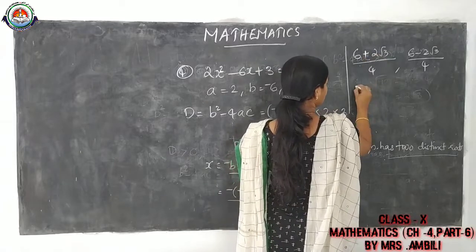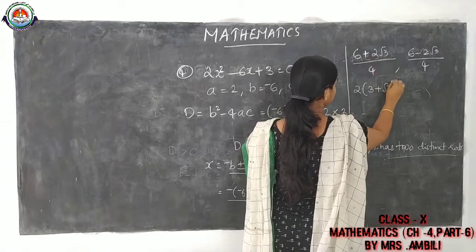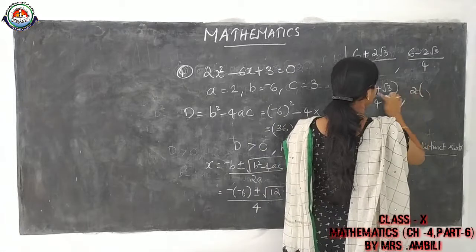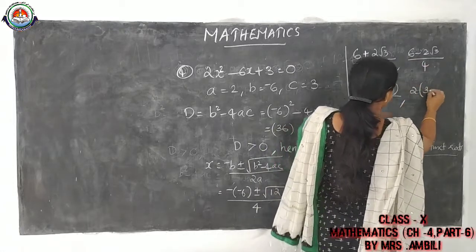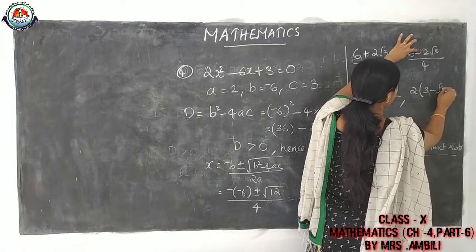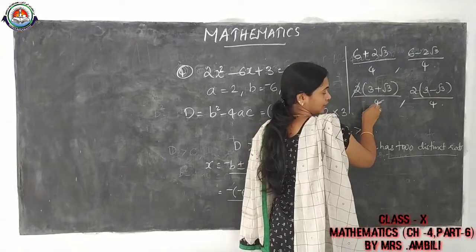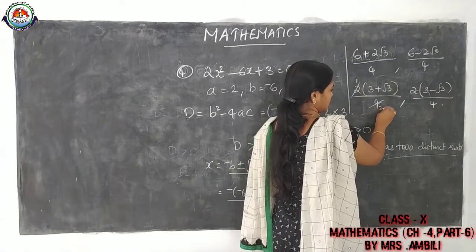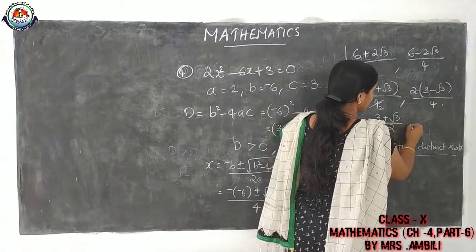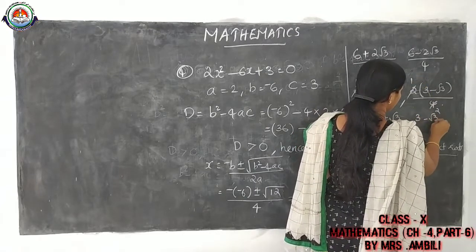If we take 2 outside, what will remain? 3 plus root 3, divided by 4. Here also, taking 2 outside, 3 minus root 3 remains, divided by 4. Then this 2 and this 4 you can cancel, 2 times. So what will we get? 3 plus root 3 by 2 and 3 minus root 3 by 2.